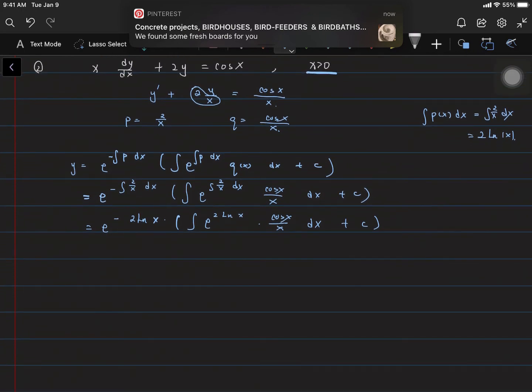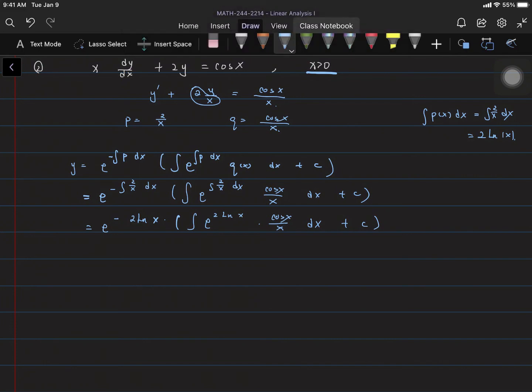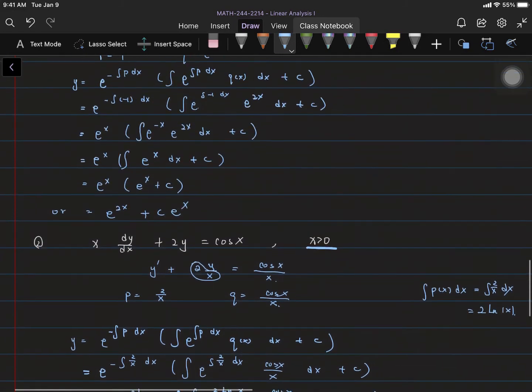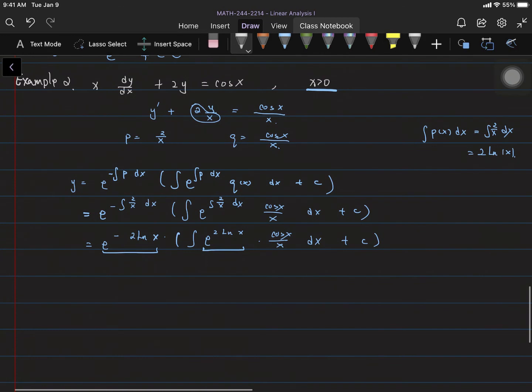Here I want to show you how to simplify this term and that term. We can do this as an example, actually. Example 2. Because we need to simplify a little bit here.